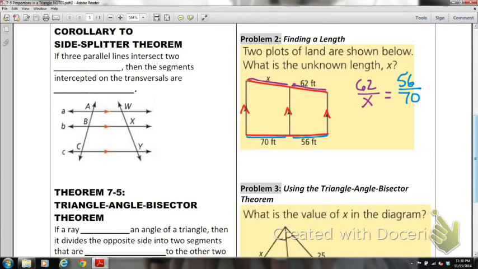So cross multiply these, and you're going to get 56x is equal to 4,340. Divide both sides by 56, and x is 77.5 feet.